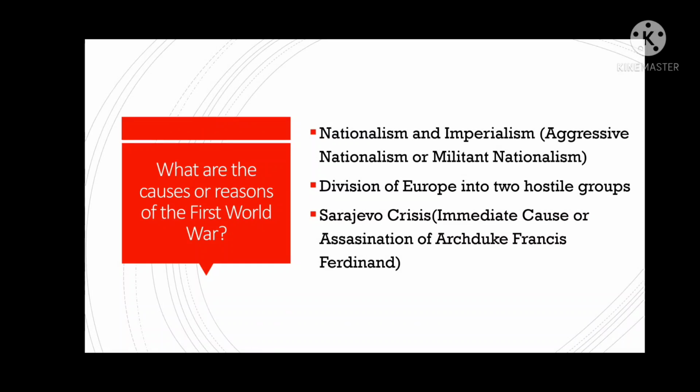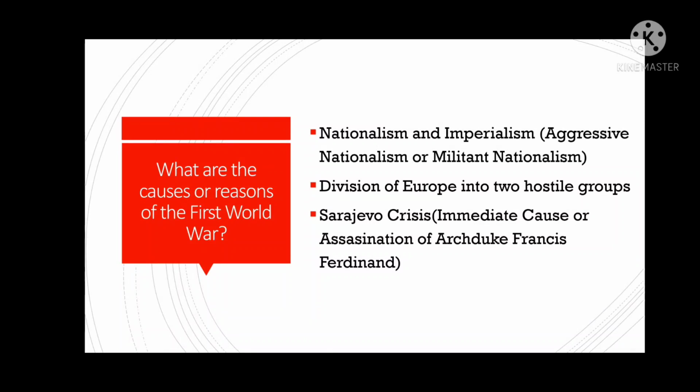So three causes or reasons you have to remember. Let us once again recall: nationalism and imperialism, also known as aggressive nationalism or militant nationalism. All three mean the same.